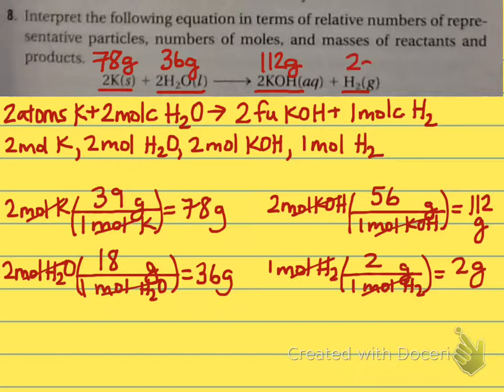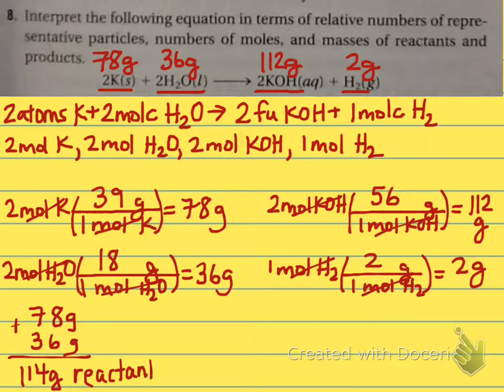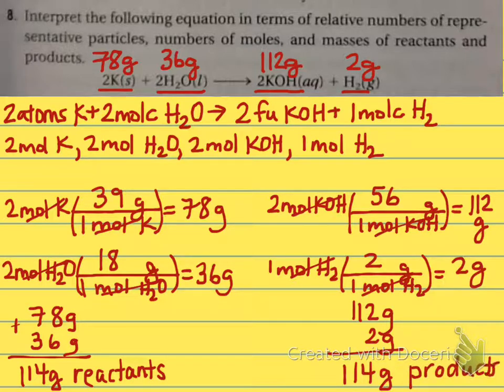So 78 plus my 36 is 114 grams of my reactants. 112 grams and 2 grams gives me 114 grams of my products. And so I've proven that the law of conservation of mass is true.